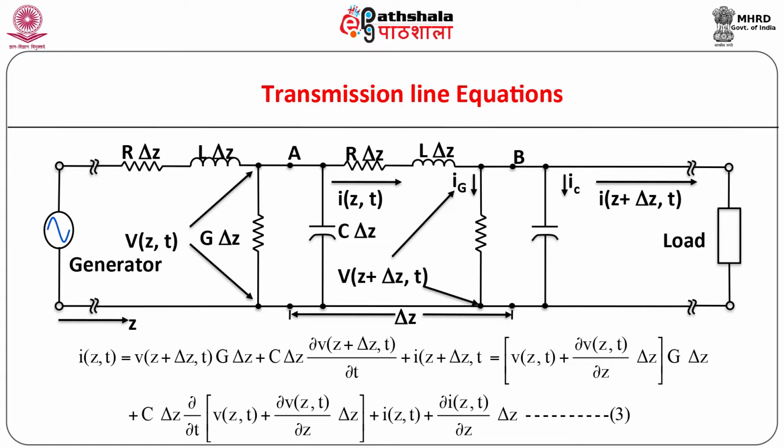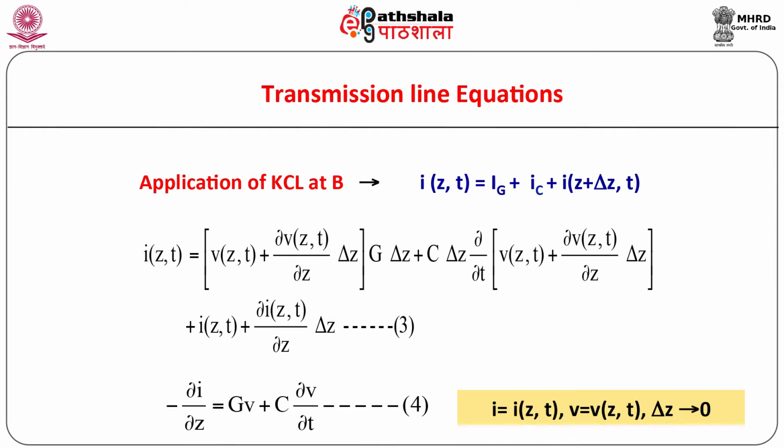Using the expression for current through the capacitor as a product of capacitance and the time derivative of its voltage, and then using Taylor's expansion for voltage, we can get equation number 3. Again, as before, with I and V to represent I(Z,t) and V(Z,t) respectively, with the assumption of delta Z to be infinitesimally small, the above equation can be written as shown.